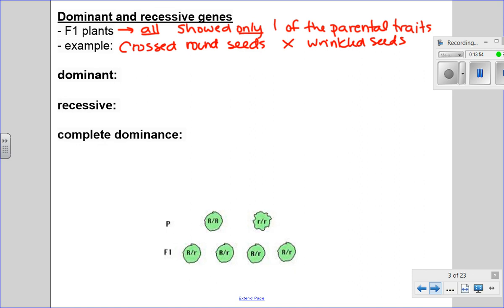Those were the 2 parents. So one of the parents had round seeds, the other parent had wrinkled seeds, and he found that in F1 they all had round seeds.